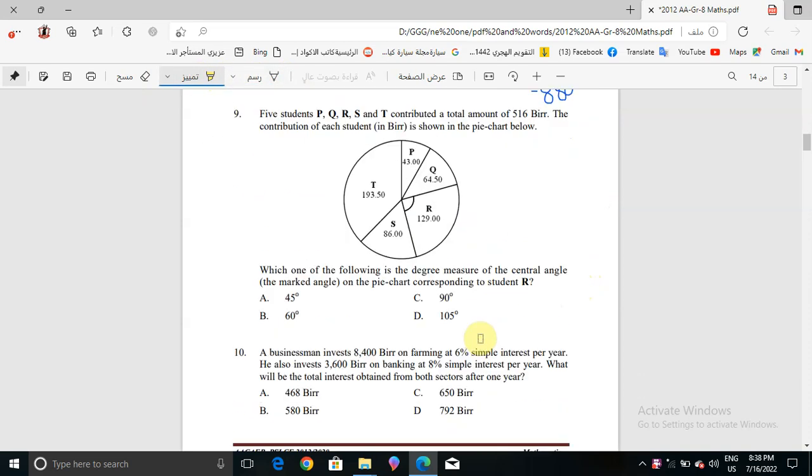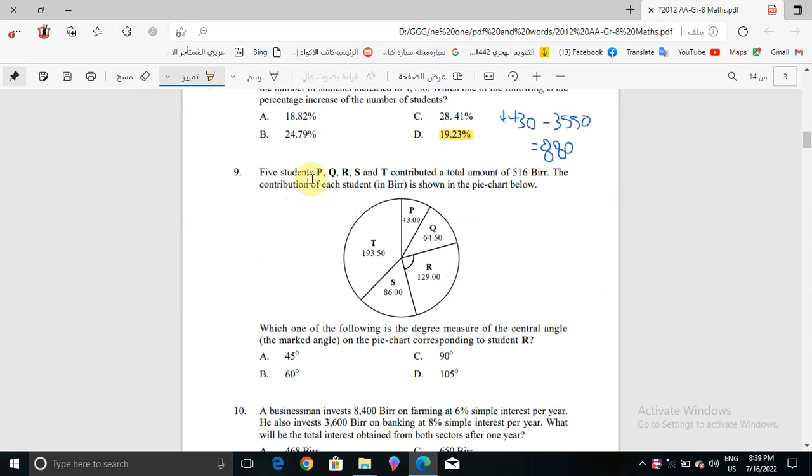Now in question number 9, 5 students P, Q, R, S, and T contributed a total amount of 516 birr. The contribution of each student in birr is shown in the pie chart below. Okay. Which one of the following is the degree measure of the central angle, the marked angle, on the pie chart corresponding to student R?